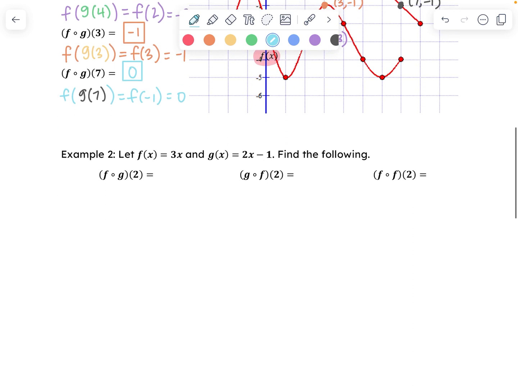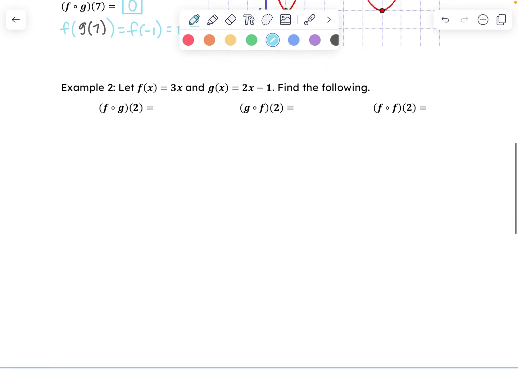That's what we've got in example 2 right here. We've got two equations: f of x is 3x, and g of x is 2x minus 1. So if we've got f of g of 2, that would mean f of, and then g of 2.